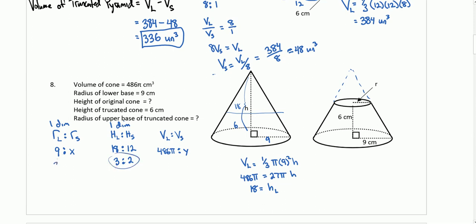So we know this is also 3:2. So we can set up a proportion here to solve for our missing radius. We could say 9/x is equal to 3/2. You can cross multiply and get 3x is 18. So x has got to be 6.